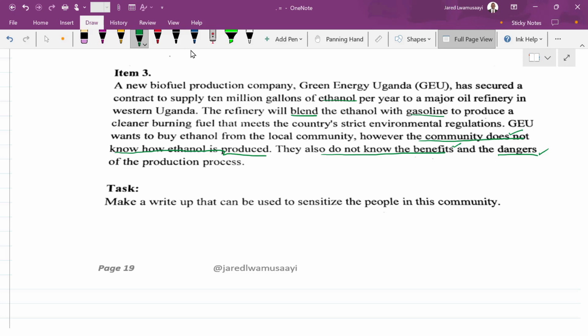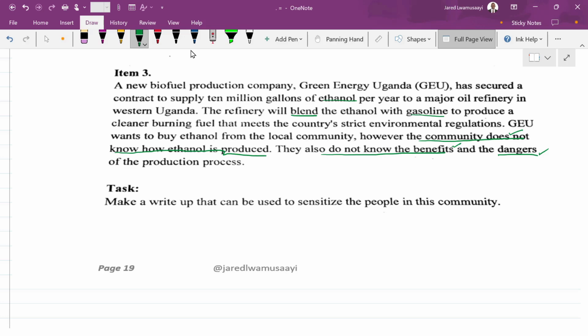As we have realized the challenges we have in the scenario, describe the process of production of ethanol, give the benefits. Remember, as we are giving the benefit, we have also to talk about the effect of the benefits and the impact. Then also the dangers. Here the dangers sometimes can be called the side effects. So we are going to give the side effects, explain the side effects very well, and then we find the solutions or mitigation measures to them.